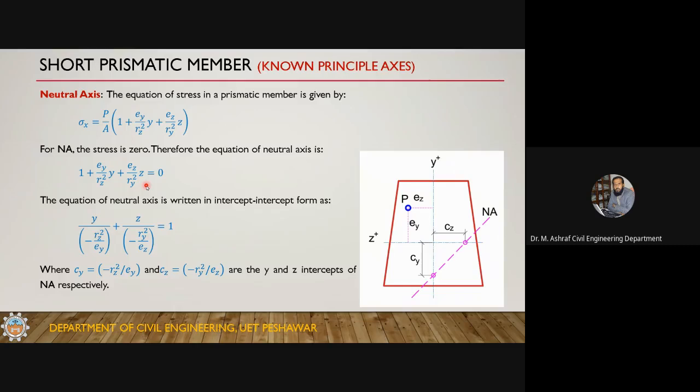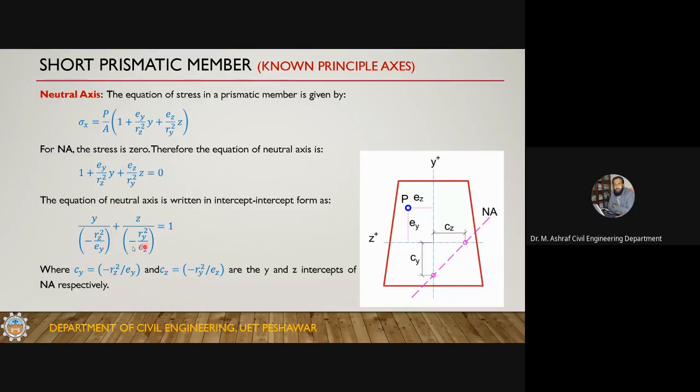Neutral axis. In the case of a short prismatic member, how do we define the neutral axis? We have this formula, and for the neutral axis, stress is equal to 0. If you plug in 0, you get this equal to 0.